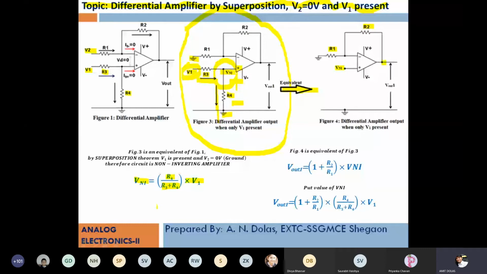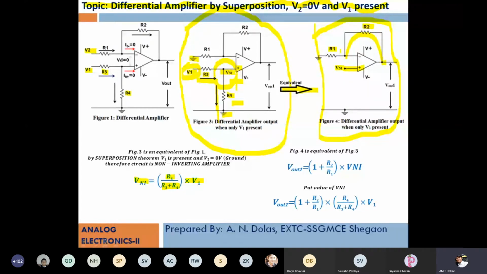Now, if you look at this figure, I will call it figure number 4. It is a very simple circuit which we already learned in a previous topic. That will be a non-inverting amplifier, because the voltage is connected to the non-inverting terminal. A feedback resistance R2 is connected between inverting and the output, and one resistance R1 is connected between inverting and ground.